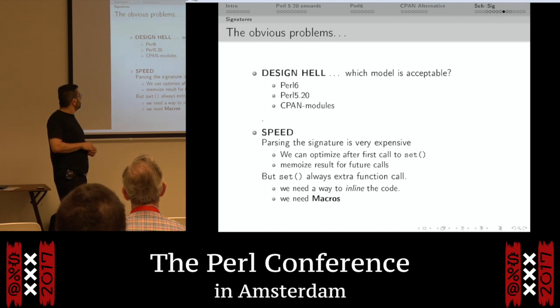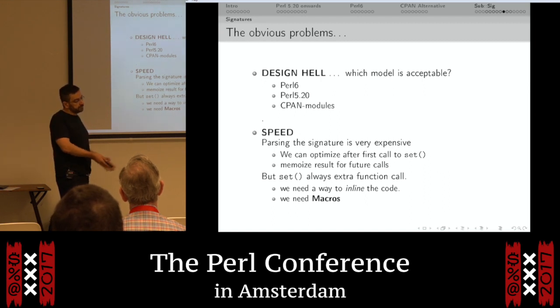But the bigger problems are speed, because parsing the signature is very expensive. And if you call a function, you don't want to waste 90% of the time parsing the signature. This could be optimized away after the first call by memorizing how the signature is parsed, and then just doing the mapping on the values.